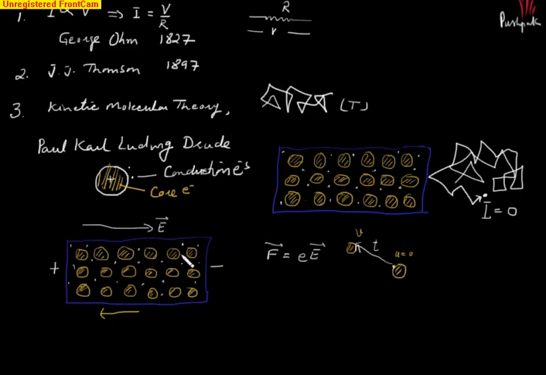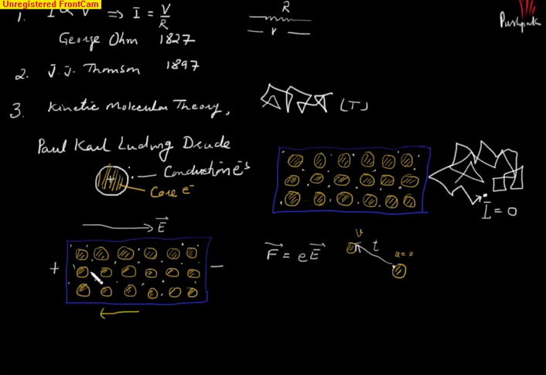This way, each electron keeps on colliding with different cores, and then it reaches the end of this metal. It means it is not coming straight, but it is coming colliding with the cores. So this is not a straight line velocity. This is a kind of drift towards this side, colliding with the other cores.